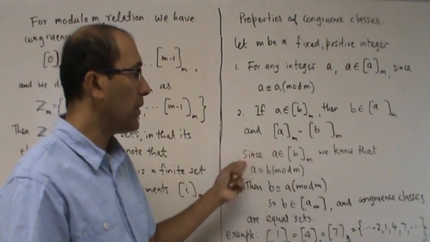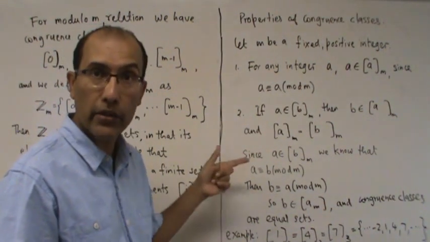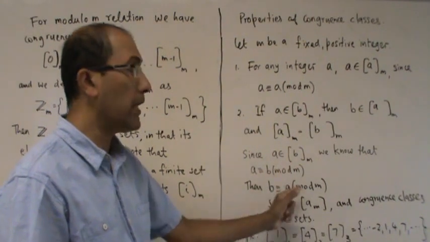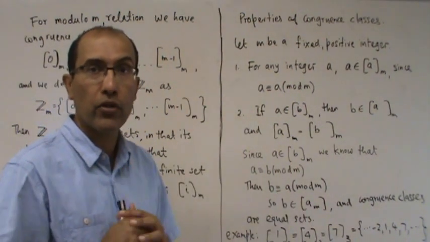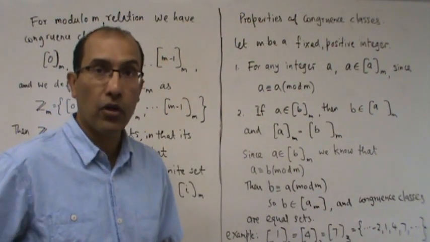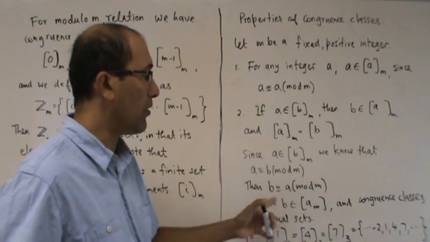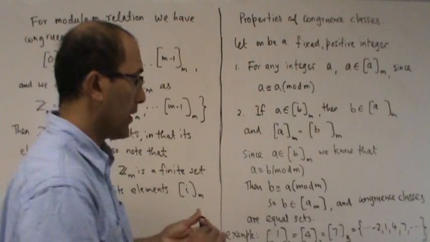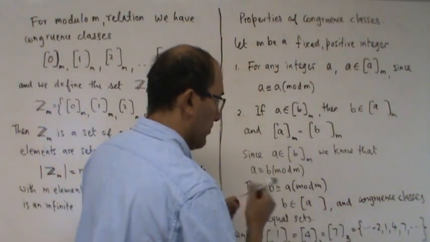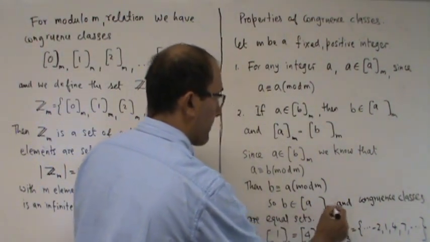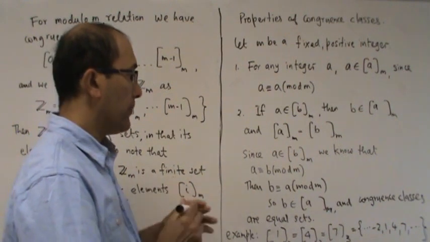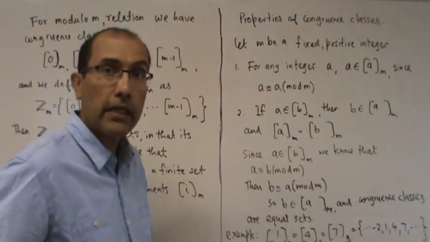And if A and B are related from the congruence relationship, we know that B and A are related, because congruence is a symmetric relationship. So then B and A are related, therefore B must be in the congruence class of A. Then I should write this A, M. And therefore the congruence classes are equal sets.